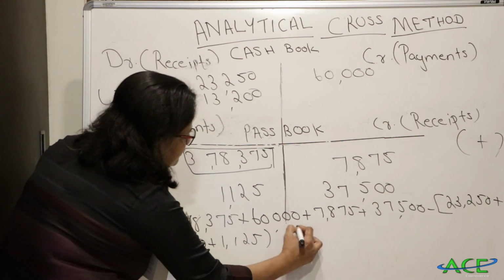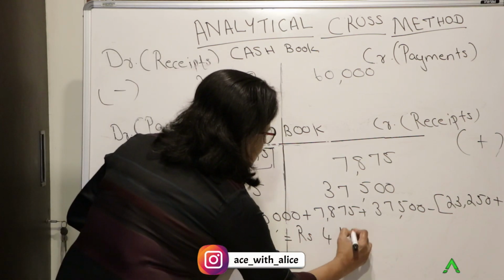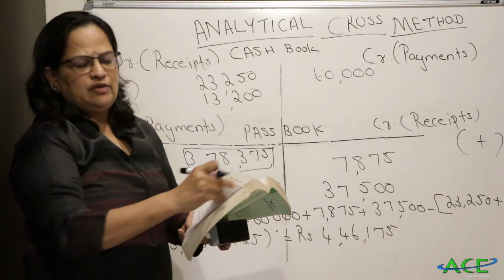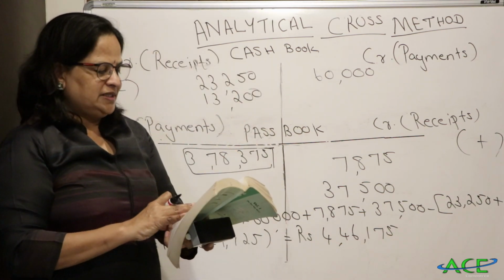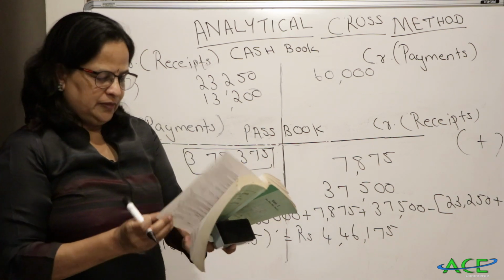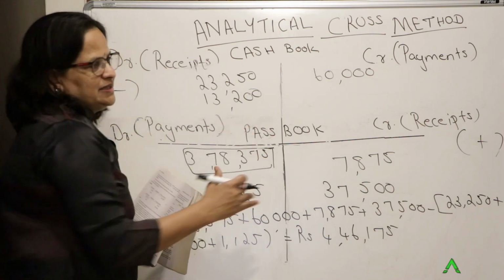So you will get the value 4,46,175. So 4,46,175 will be the answer.